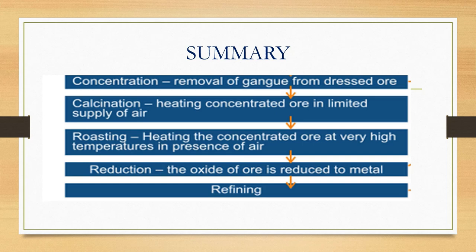For reduction, the kind of reducing agent selected generally depends upon the reactivity of the metal. We can also use thermodynamic concepts and the Ellingham diagram to decide at which temperature and what reducing agent is to be used. The final and the last step involved in the process of extraction is called refining.